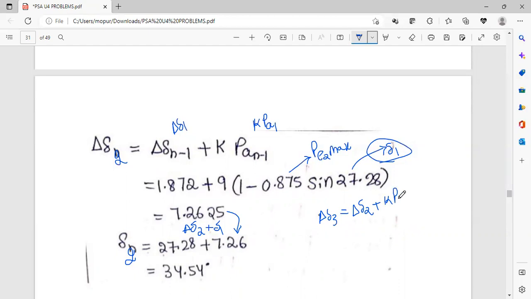What is this PA2? This PA2 is 1 minus PE2 max into sine del 2.